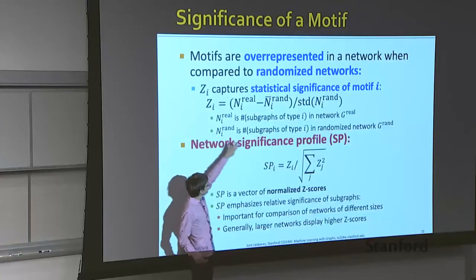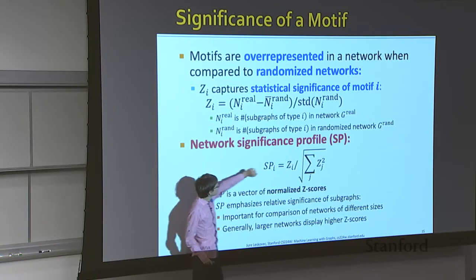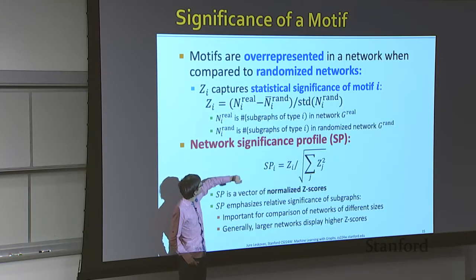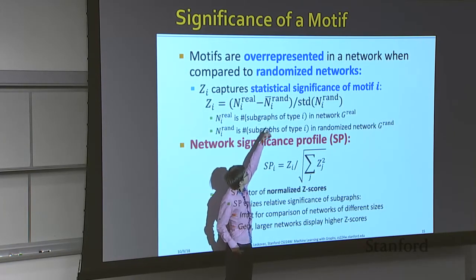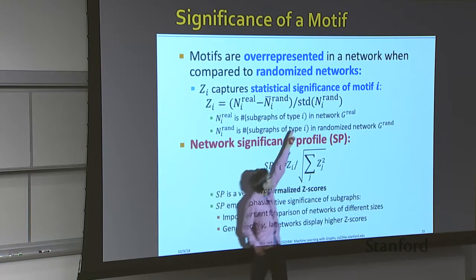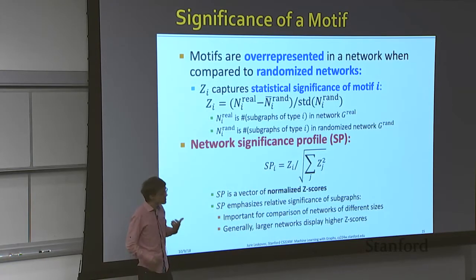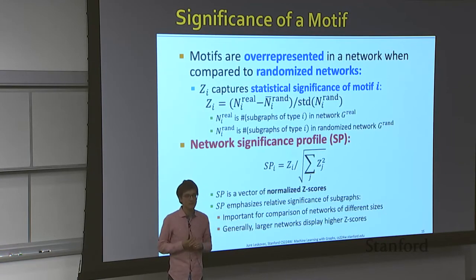So N real is the number of subgraphs of type i in the real network, N random is the number of subgraphs in the random network, and the z-score is the difference, where this is averaged over all the instances of random graphs, and this is a standard deviation over all the instances of random graphs. So essentially, I'm measuring the difference in units of standard deviation.